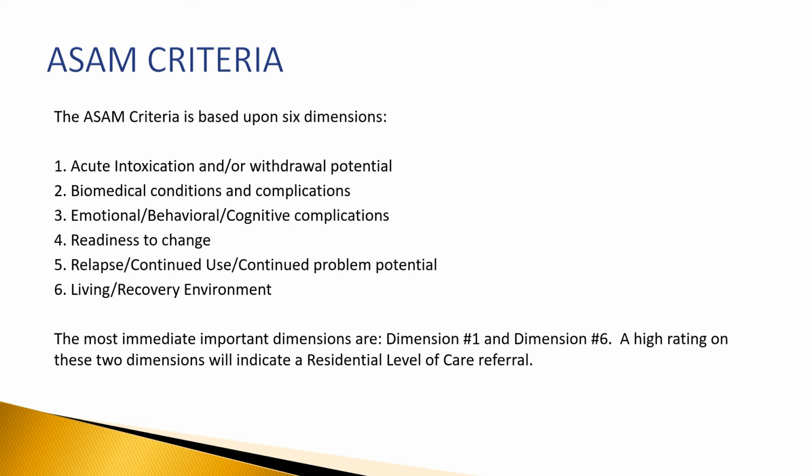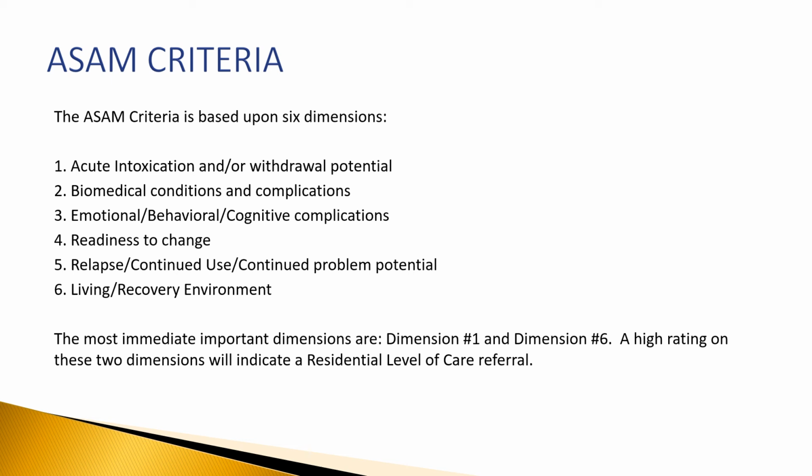Emotional, behavioral, and cognitive complications, co-occurring disorders, goes in dimension 3. Readiness to change, or the client's motivation, is in dimension 4. Relapse, continued use, or continued problem potential is in dimension 5.